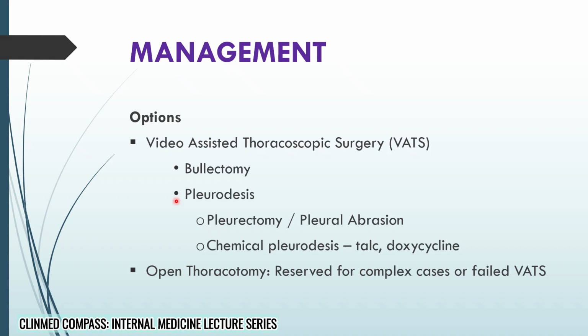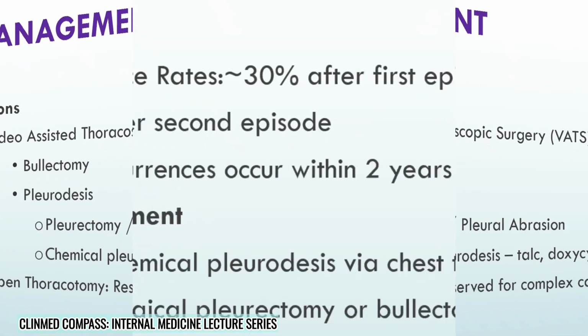For pleurodesis, options include pleurectomy and pleural abrasion. Chemical pleurodesis can also be done, whereby talc or doxycycline is instilled into the pleural space to cause fibrosis and inflammation. Open thoracotomy is reserved for complex cases or for those who have failed video-assisted thoracoscopic surgery.